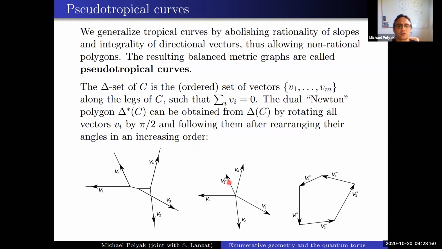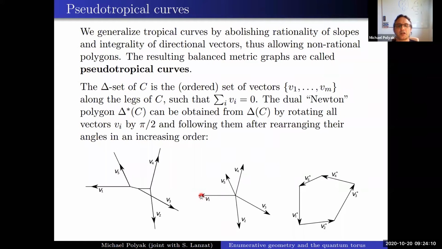So you just look at all these vectors assigned to your legs, and you order them so that the direction changes in a monotone fashion. Then you rotate each one by 90 degrees.